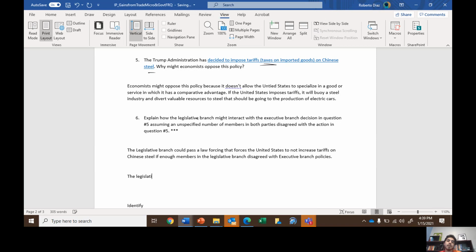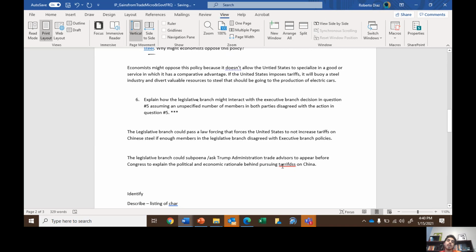You can also say the legislative branch could subpoena, or ask, Trump administration trade advisors to appear before Congress to explain the political and economic decision-making or rationale behind pursuing tariffs on China.